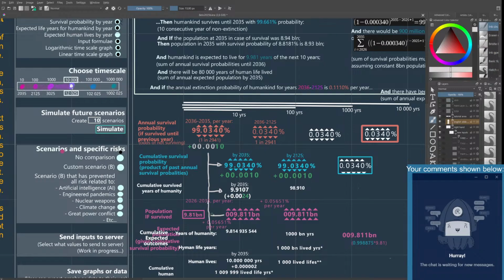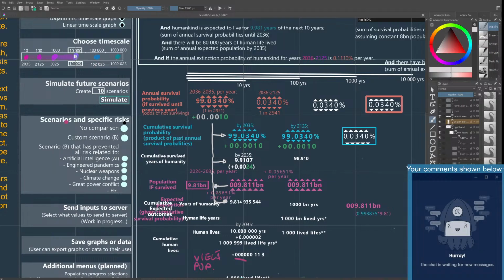If I have an arrow in here and then this goes to there. Something like this. Another one, so it is like human lives and human life years.